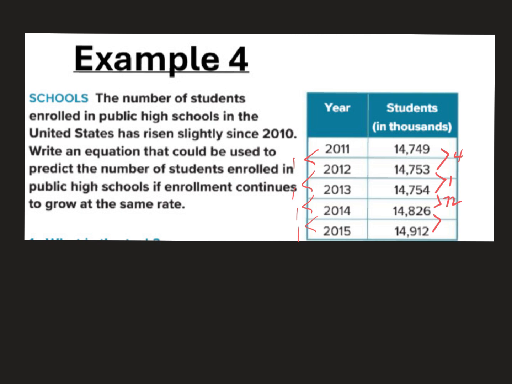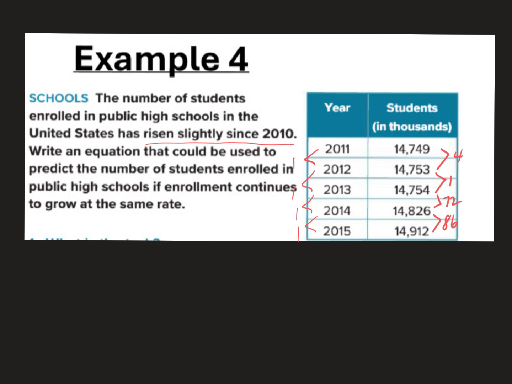And the difference here is 86. So it does not have a constant rate of change, but it does say it's risen slightly since 2010. I need to think about finding the average rate of change.